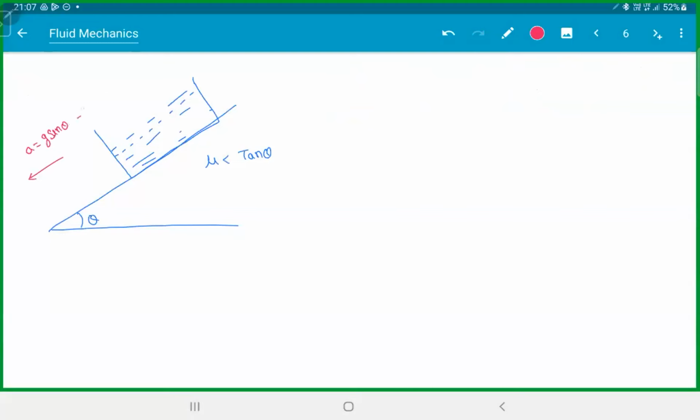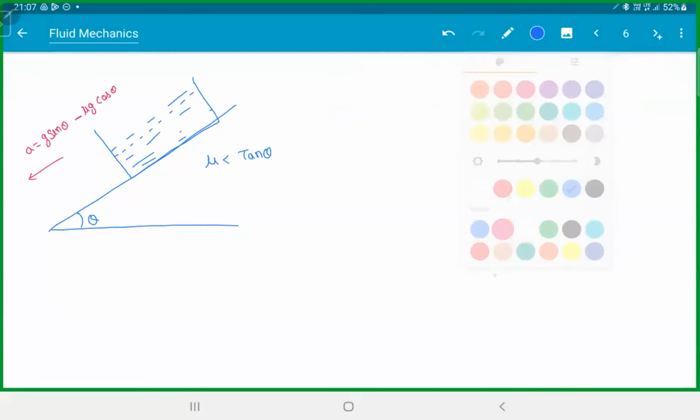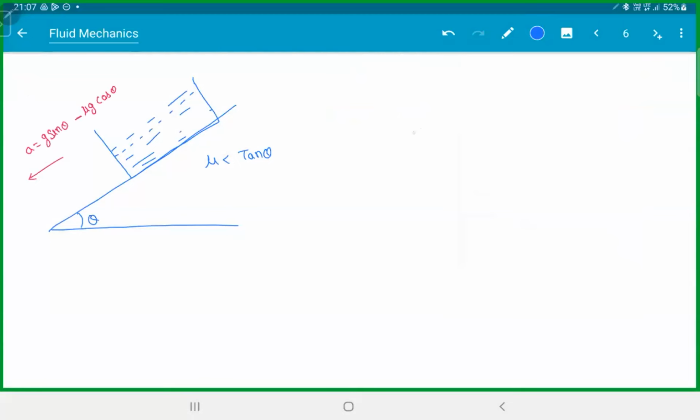The expression is g sin theta minus mu g cos theta. So if you write the forces on the system here, mg sin theta, the pseudo force will be mg sin theta minus mu mg cos theta, and this will be mg cos theta.